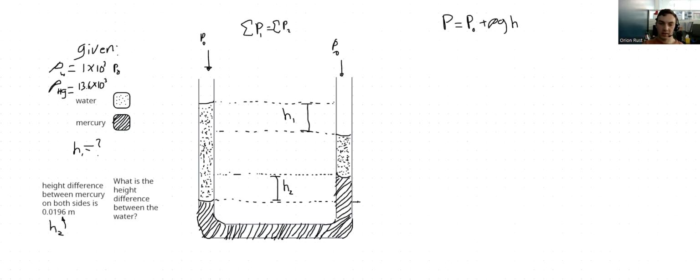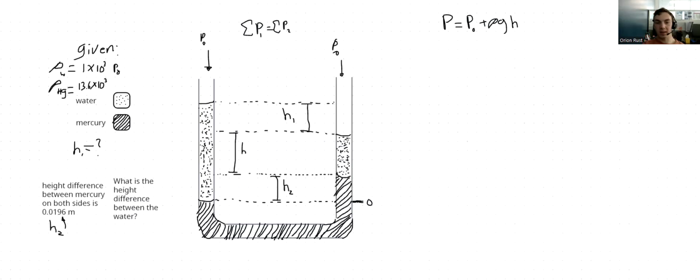Just for this example, to make things a lot simpler, we can use this height as 0. Essentially, what that does is we're ignoring all the mercury underneath that height. It's irrelevant to us, at least for the scope of this problem. So this simplifies things quite a bit. We can also make another intermediary height, called height 3, that we don't know either.